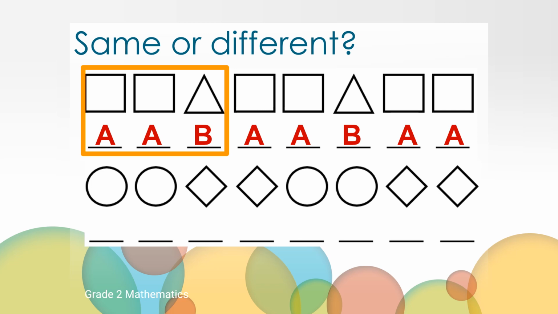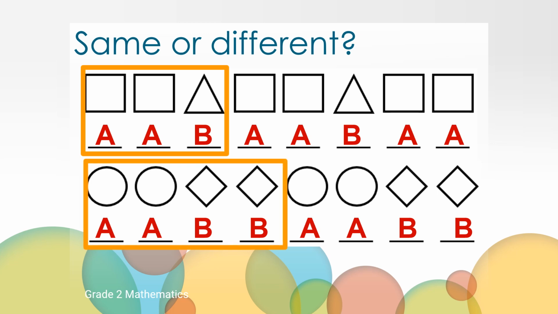Now let's label the second pattern. A, B, B. A, B, B. What was the core of this pattern? You're right, A, B, B is the core. Now that we've labeled the patterns, we can compare them.